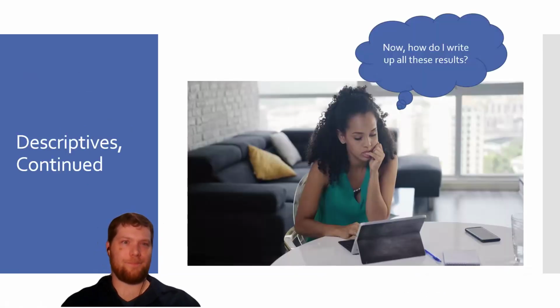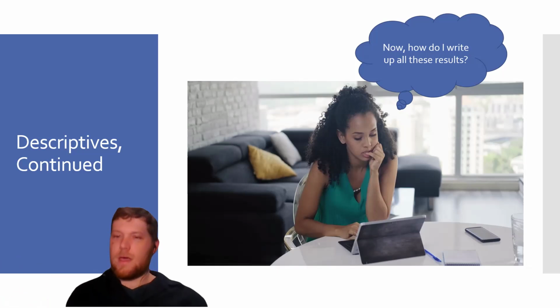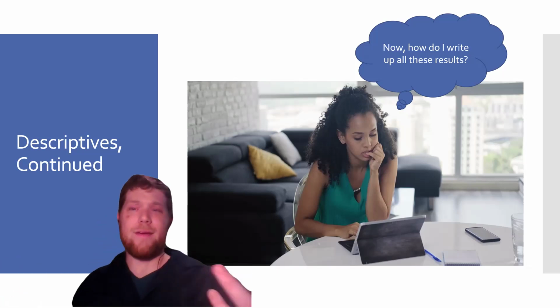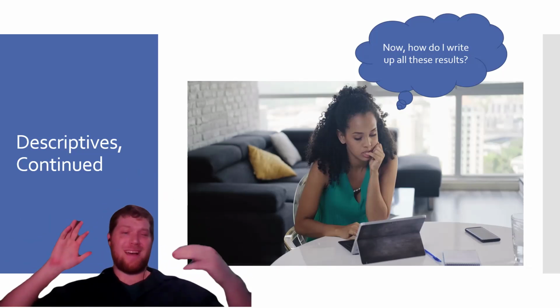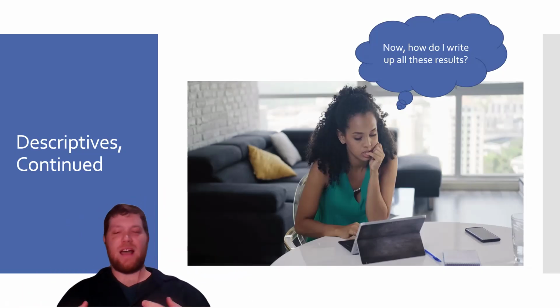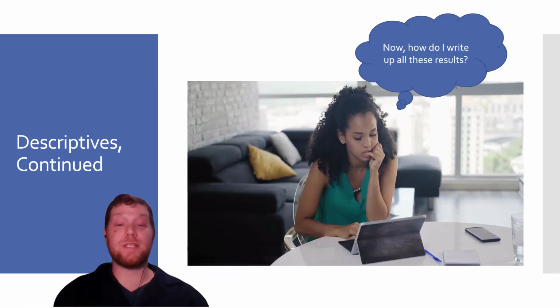Ready? So, in this lecture thus far, I've had you all go through and find the mean, median, mode, standard deviation, the five number summary, and look at graphics. One of the things you're going to be assessed on this module is how to write up all these results. That's going to be important.